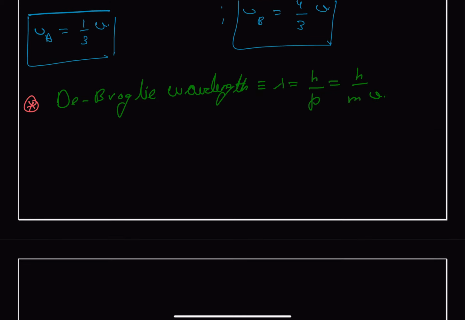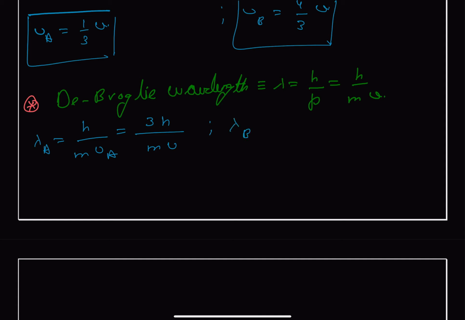So for A, lambda A will be equal to h upon mass times velocity of A, and substituting VA in terms of V, we get 3h upon mv.